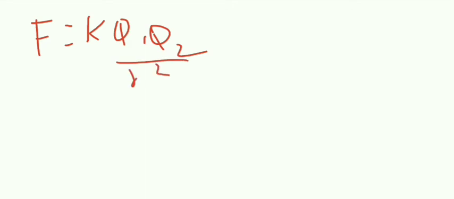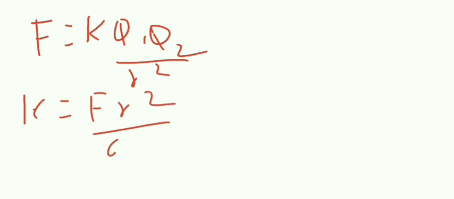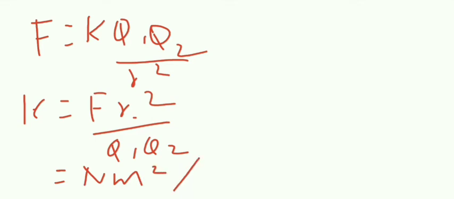So K is F into r squared by Q1 into Q2. What is the unit of force? Newton. What is the unit of distance? r is a distance. Distance is meter, so it is meter square. What is the unit of charge Q1? Coulomb. What is the unit of charge Q2? Coulomb. So C into C, C squared. That's why the unit of K is Newton meter square by Coulomb square.